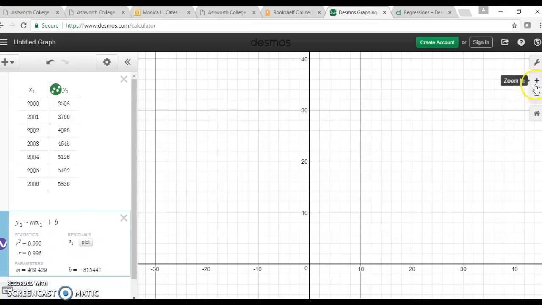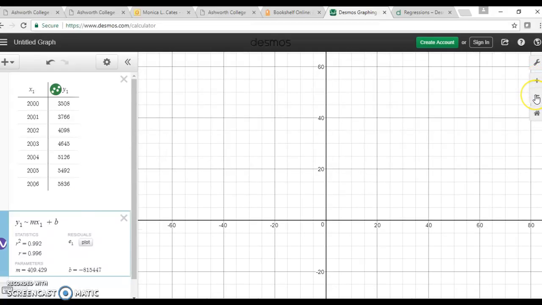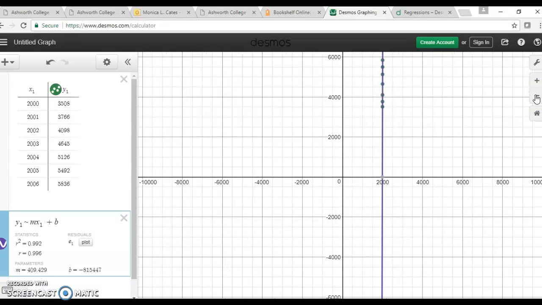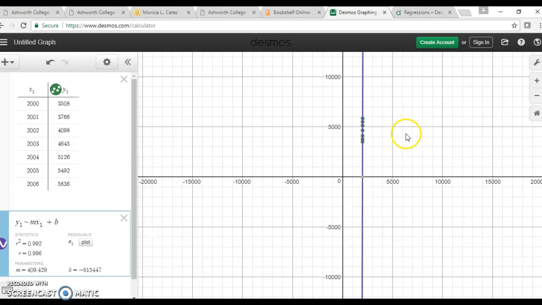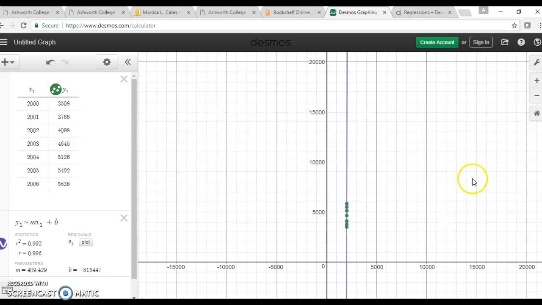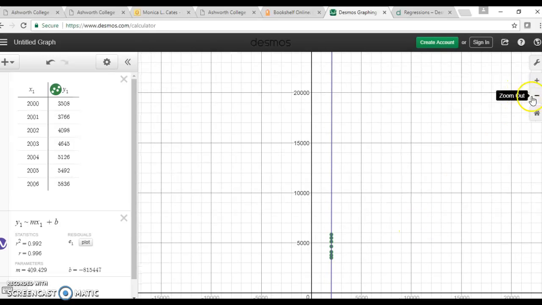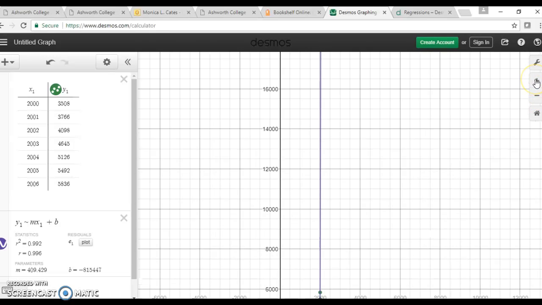As you can see, you can't see it. Let me zoom out because it's in the 2000s. That's kind of why I didn't really want to do it in the 2000s, because it's really hard to see in the 2000s. Looks like a straight line, but it's not. Let me zoom in now.